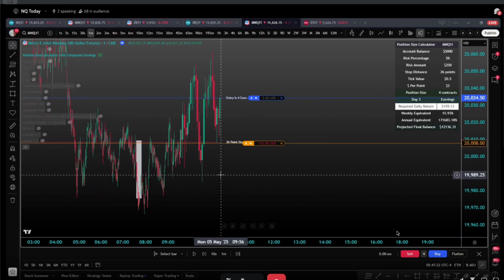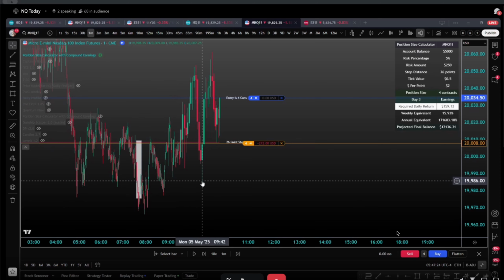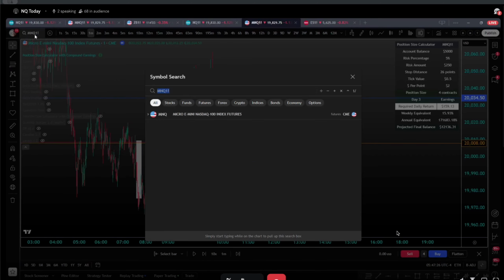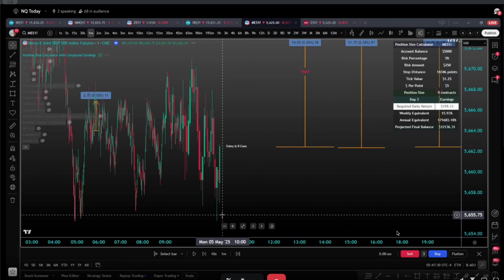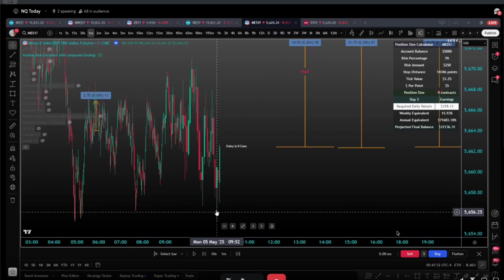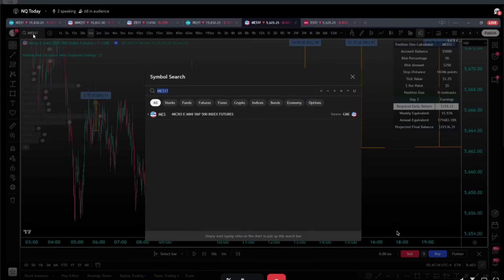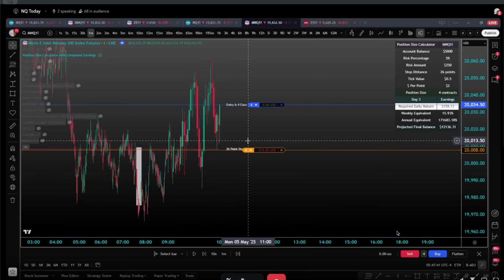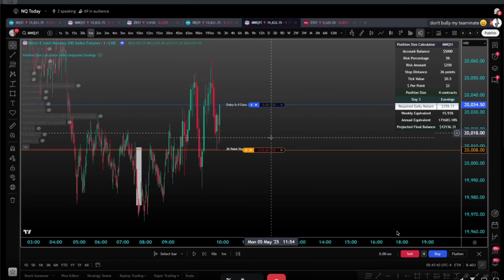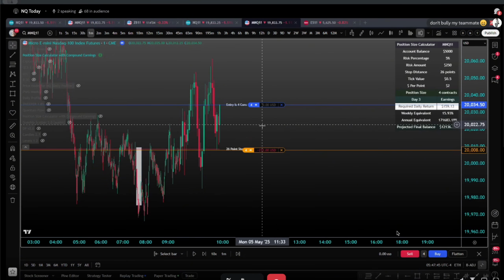Matter of fact, ES was at the low. Wait. Let me go back to MNQ to make sure I got it right. MES. So this was below the 53 swing low, and MNQ was the strength leader at this point, right? 53 low, right? So we can see that they're approximately worth similar stop risk, right?